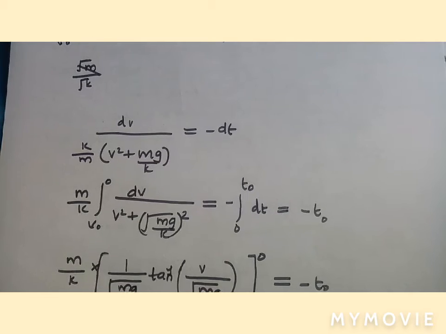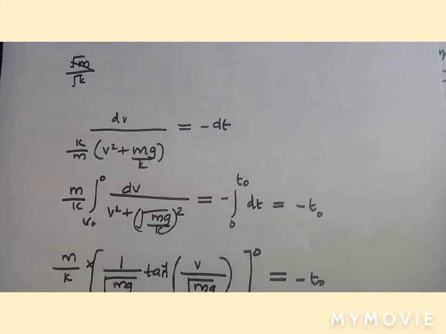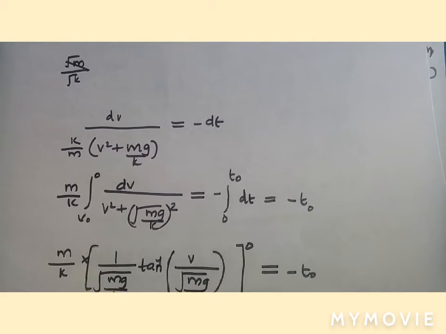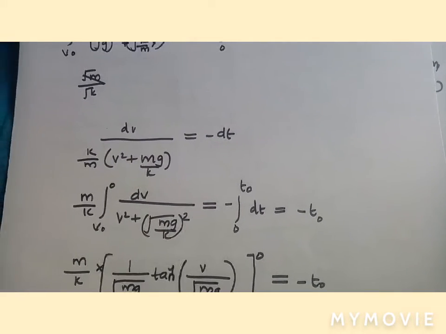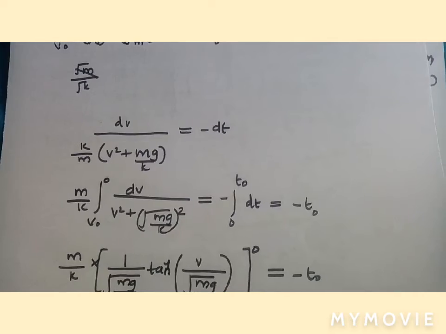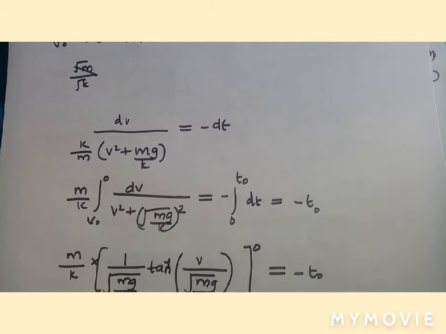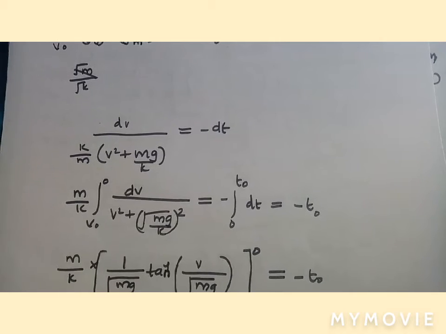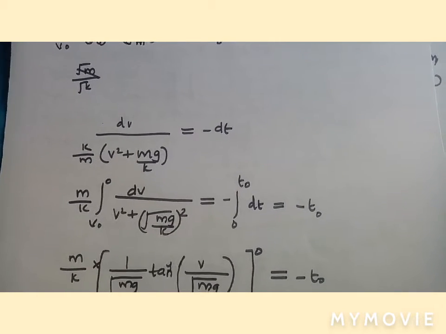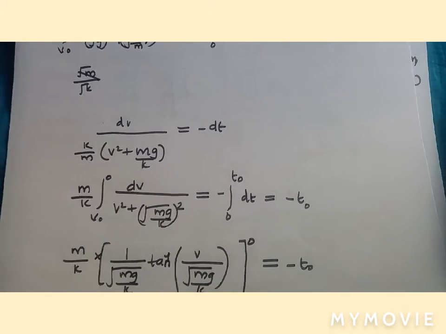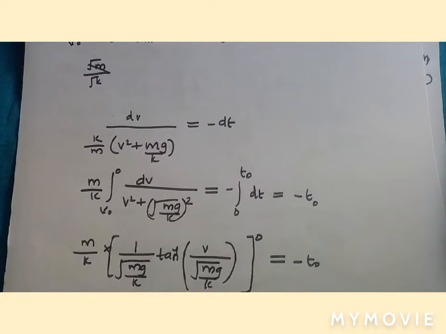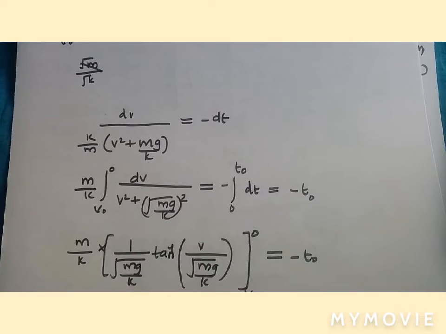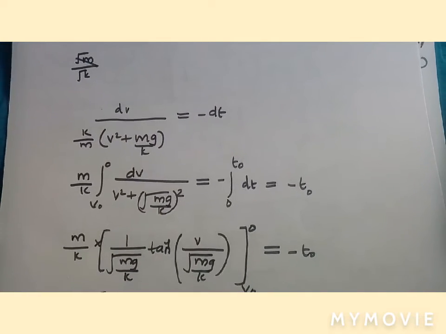So we can get like this, and integrate from v0 to 0, meaning we have a velocity when it is thrown upward, and after it reaches the final displacement it has the velocity 0. We also integrate the time from 0 to t0, and we know that the integral of 1 by x square plus a square is 1 by a tan inverse x by a.